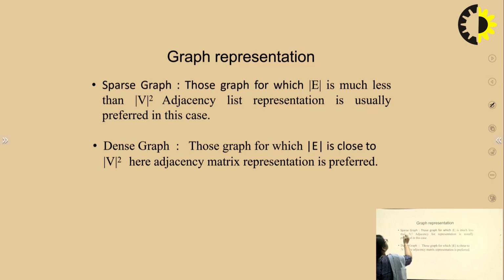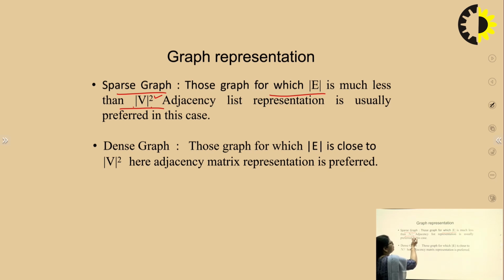What is a sparse graph? When we have vertices and edges and the number of edges is much less than the number of vertices squared. If |E| is much less than |V| squared. Why are we taking V squared? I will tell you in the upcoming slides.